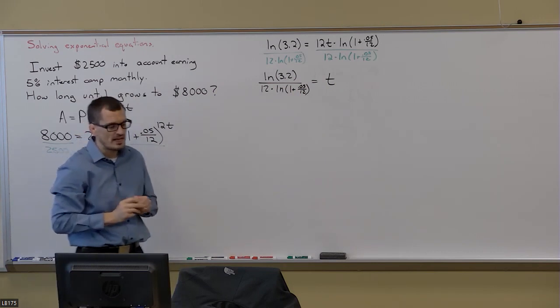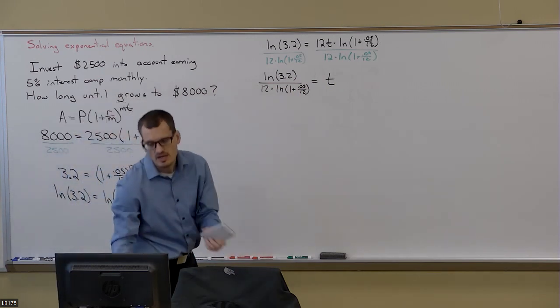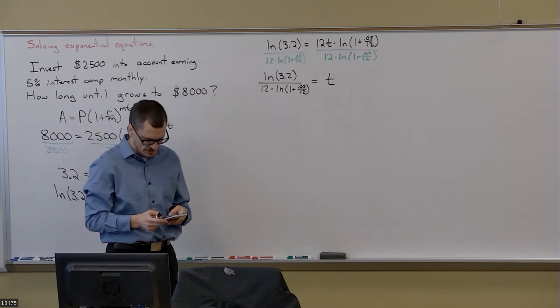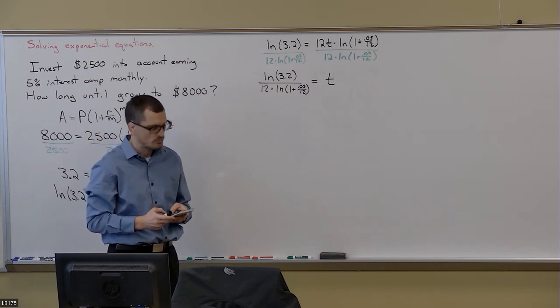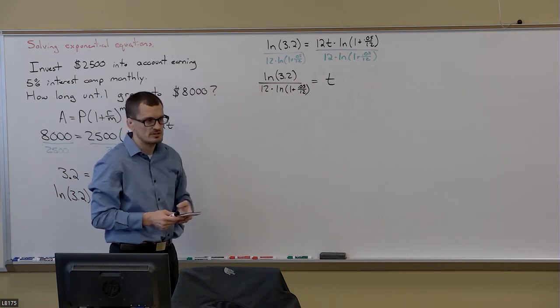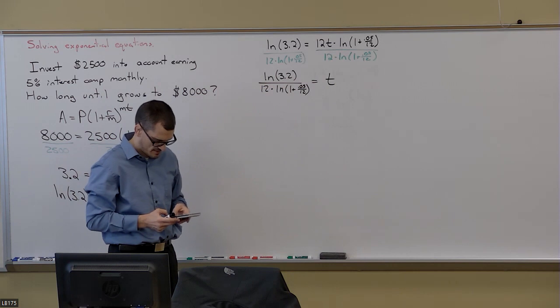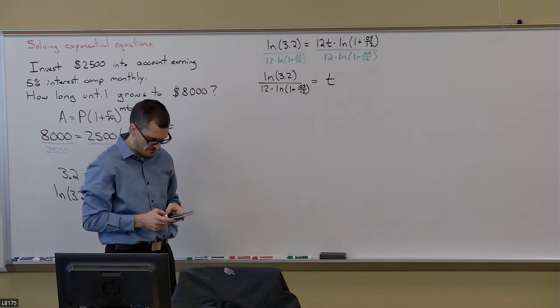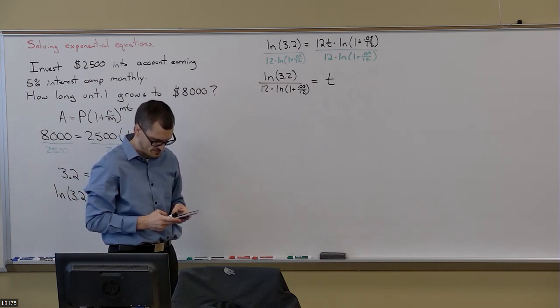Be careful when typing that in. When I type it in, usually I take natural log of 3.2 and then divide by 12 and then hit enter. And then I divide by the natural log of 1 plus 0.05 over 12.